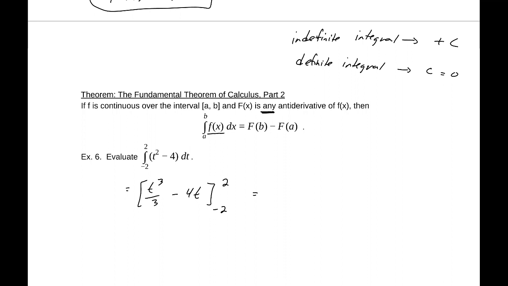Evaluating at 2, we get 2 cubed, so that will be 8 over 3, minus 8, minus, evaluating at negative 2, our lower endpoint, negative 2 cubed would be negative 8 thirds, and then that would be plus 8.